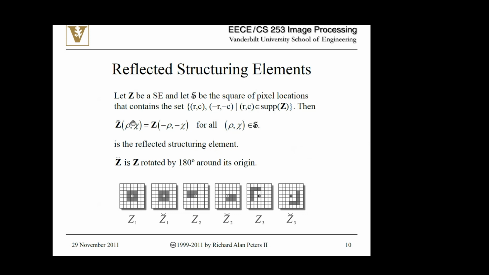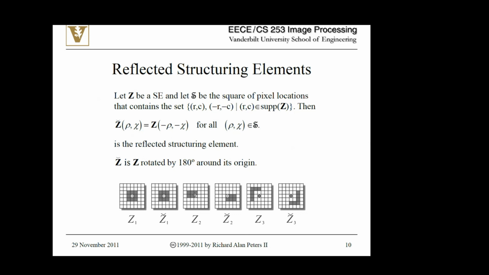So the reflection is another set. You can also denote it this way. For instance, let's say that you reflect this one. This one is symmetric with respect to the origin, so its reflection is the same.